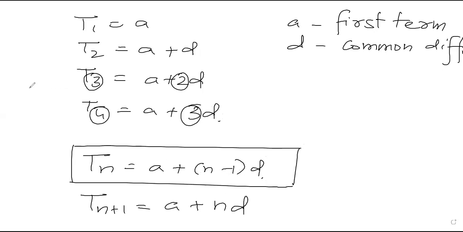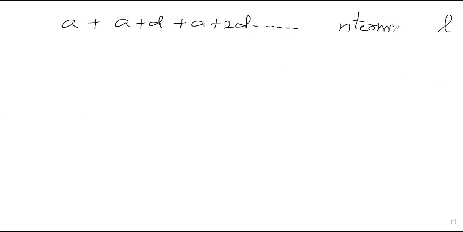Then there is a need to find the sum of all these n terms. So we have to add a plus (a plus d) plus (a plus 2d), dot dot dot. We'll take L as the nth term. There will be n terms like this, and L is going to be the nth term.